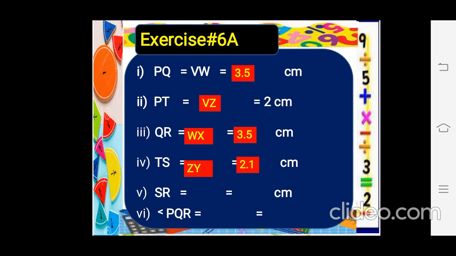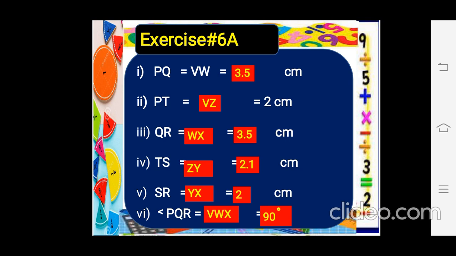Now SR is congruent to YX, as YX is congruent to SR. The length of YX is 2 cm because YX is congruent to SR. Now the angle PQR is 90 degrees and PQR is congruent to VWX. So the angle VWX is 90 degrees.